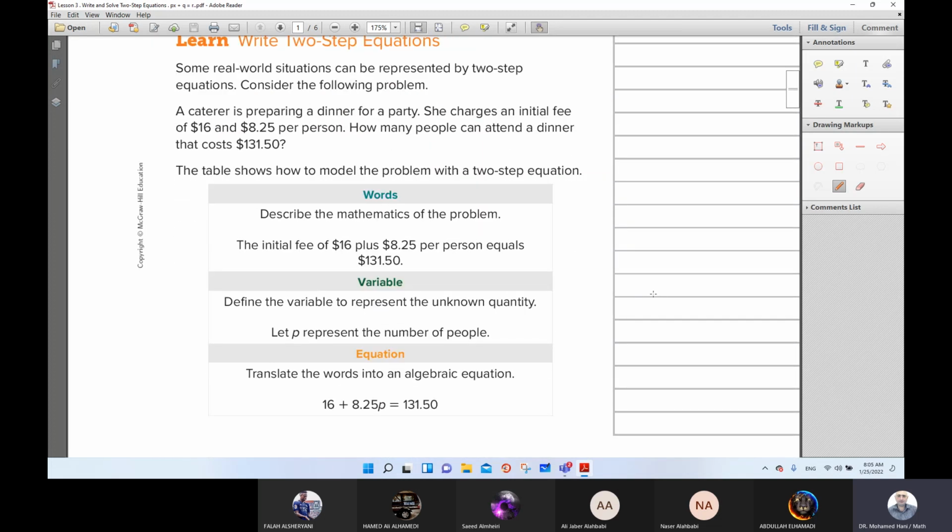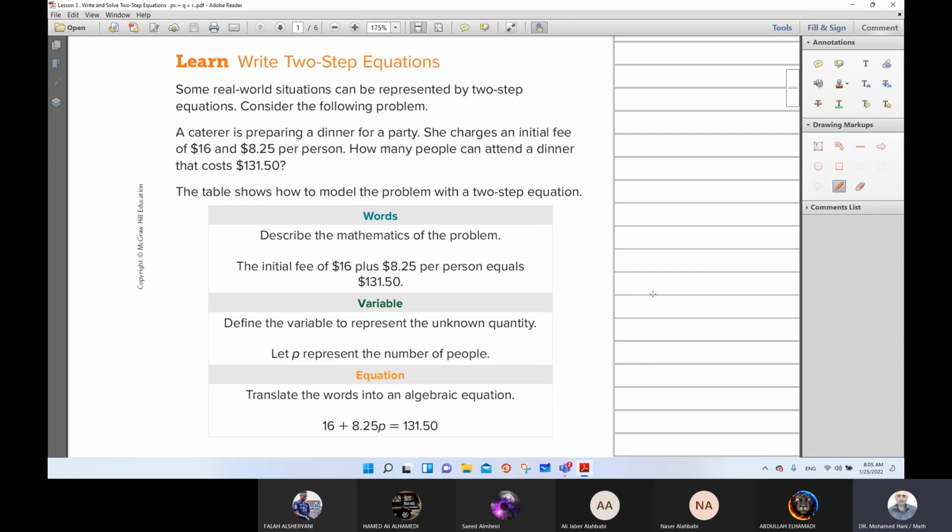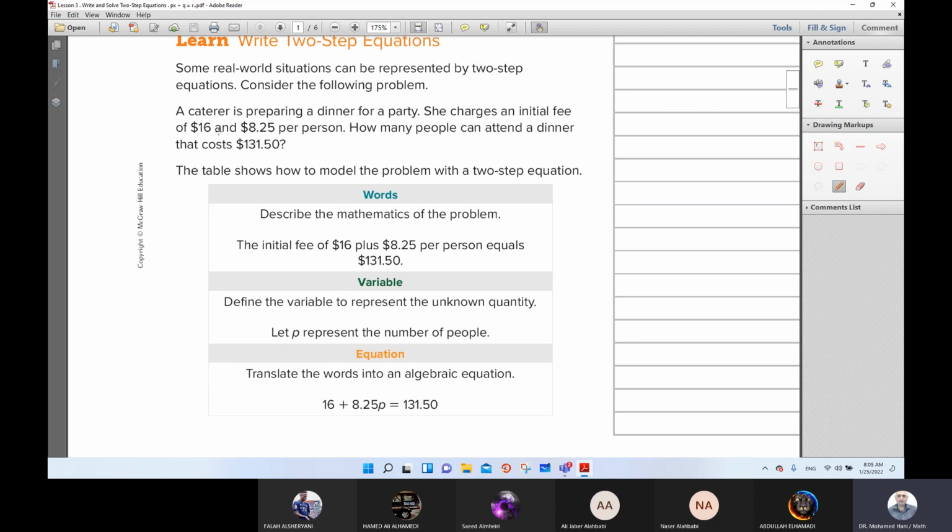The first idea in this lesson, write two-step equations. Some real world situations can be represented by two-step equations. Consider the following problem. A caterer is preparing a dinner for a party.